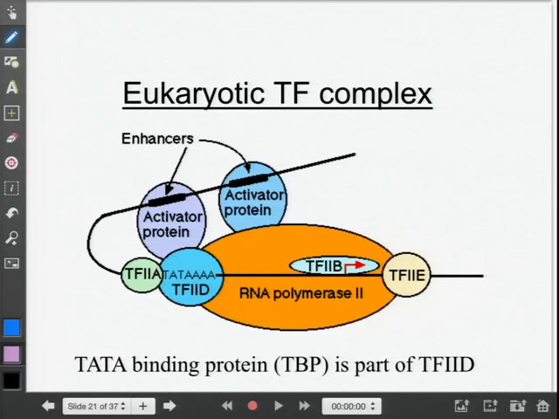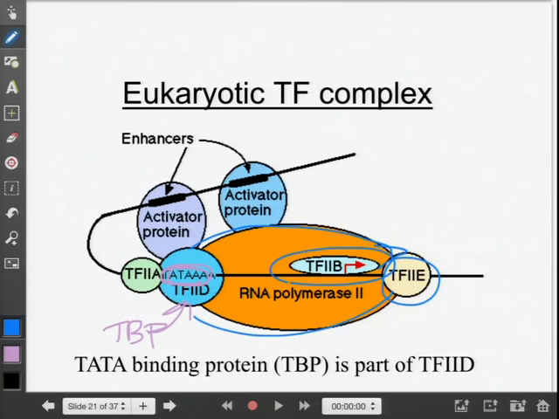If we look at the little picture, part of TF2D is the TATA binding protein. They're just showing the whole thing. That's the one that recognizes this TA and then a bunch of A's sequence, assembles all the rest, and brings in our good friend RNA polymerase. These parts take care of the helix. This one sits closer to the start to make sure the active site of polymerase 2 is right there.